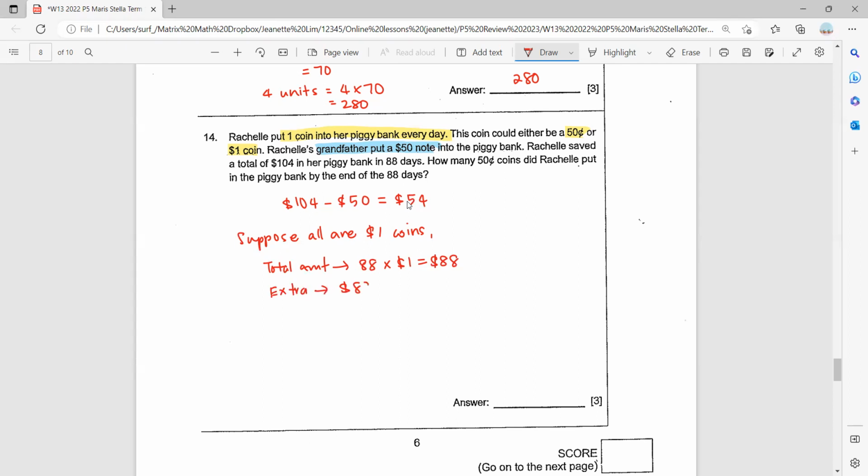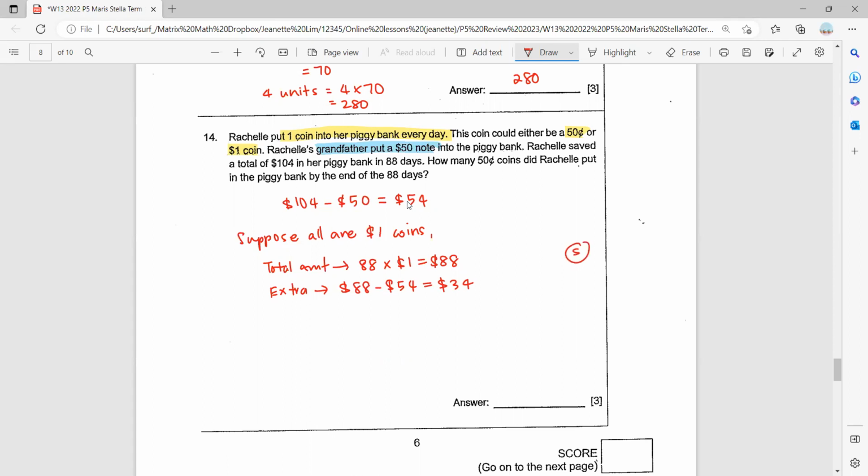Let's find out what is the extra that we need to remove. Okay, so I take 88 minus away the 54 to find the extra I'm supposed to remove. So that's $34. Okay, so what happens if we have extra $34? Means that not all of them are $1 coins, right? Some must be 50-cent coins. So I'm going to exchange, okay?